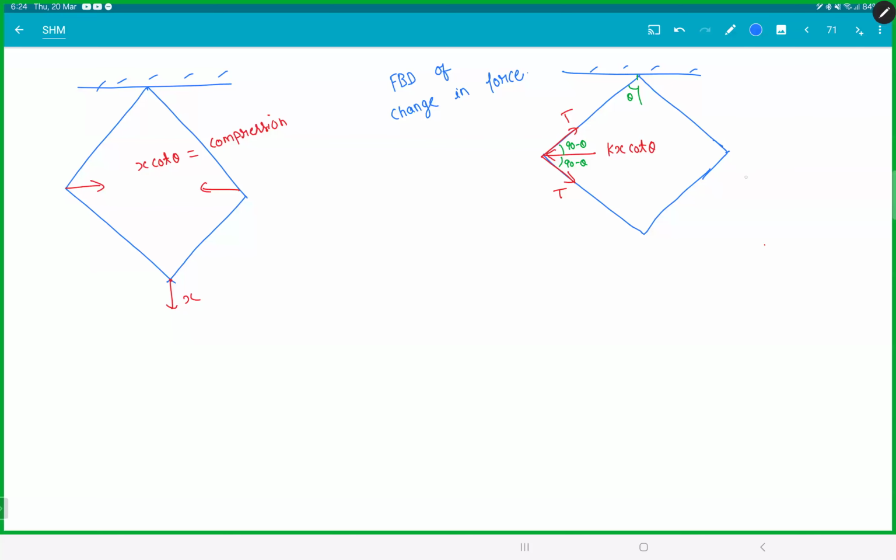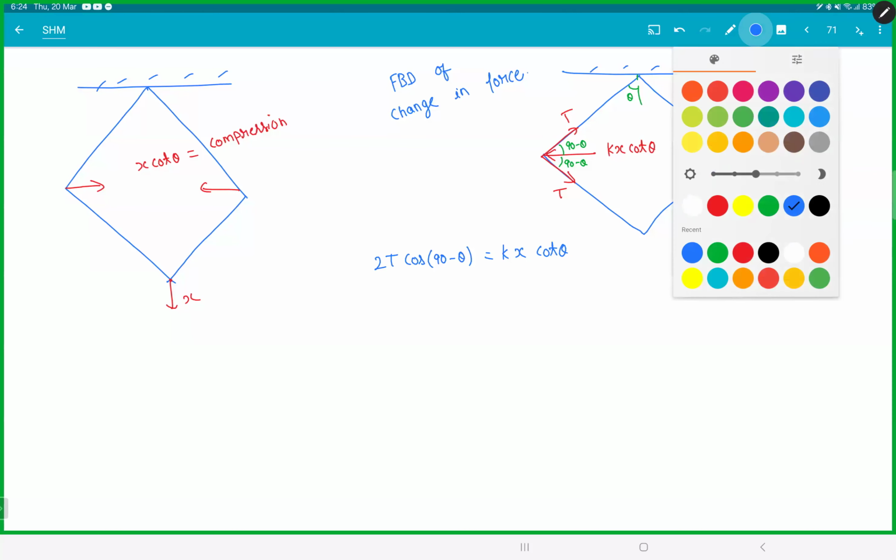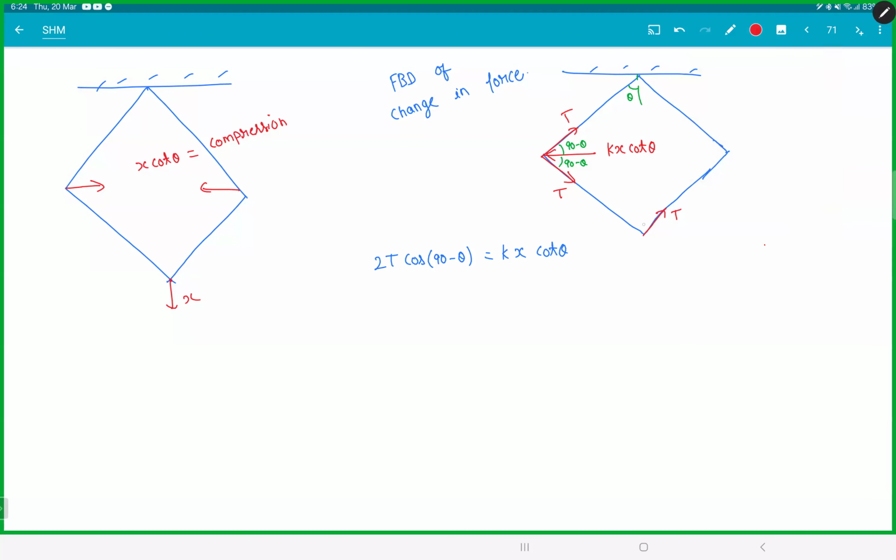So from here we'll get 2T cos(90 minus theta) is equal to kx cot theta. Similarly, here this will be tension, this will be tension, this will be theta and theta, and this is the block M. We will not write mg because M didn't change. So this T here is the change in tension.